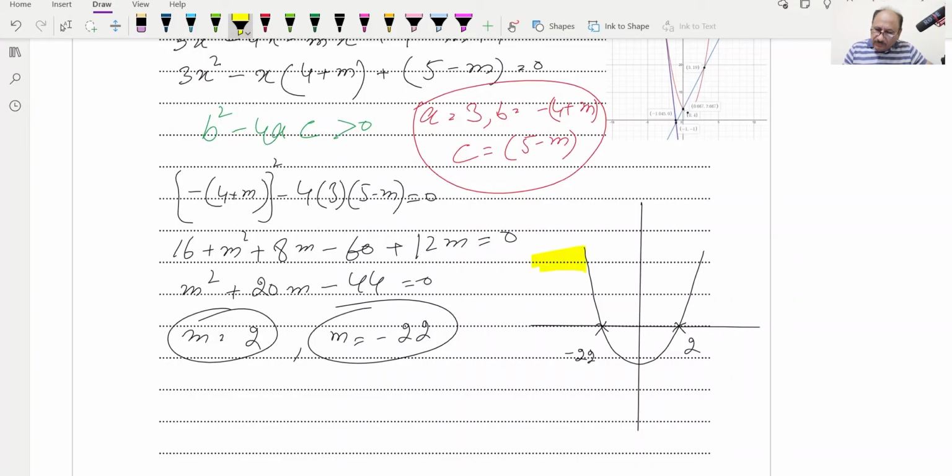This section is above the x-axis, and this section is also above the x-axis.